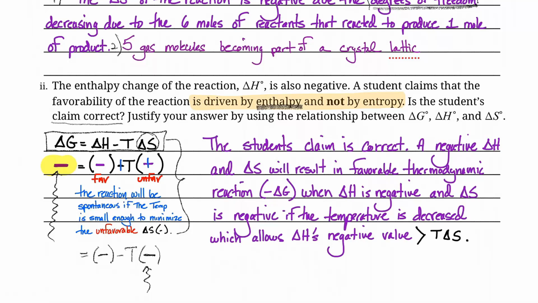Well, in our example that we talked about in I, they were getting more concentrated. So that is an unfavorable condition because that leads to part of the universe's entropy decreasing. And then we have to consider the surroundings. The surroundings' entropy is increasing as we release heat. Being exothermic means it's releasing heat.